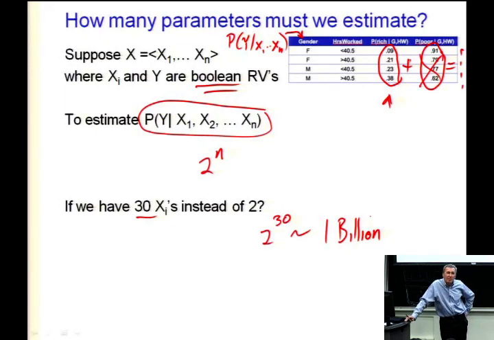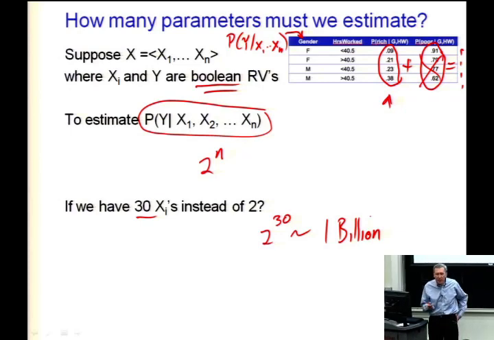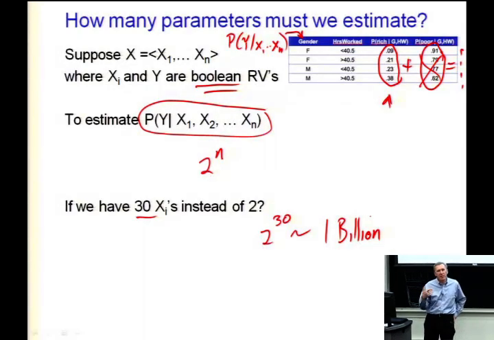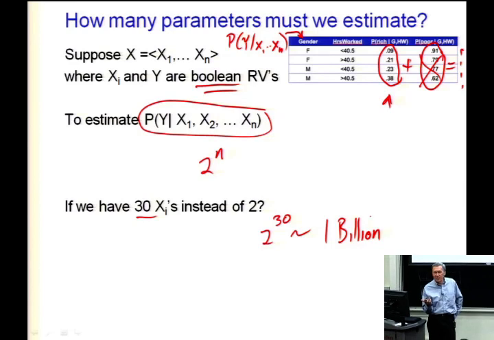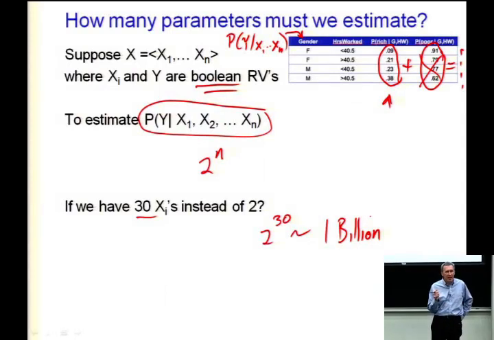But the other problem is much more insurmountable. If we have a table with a billion rows, and we're going to use that formula we just talked about, A over A plus B, to get maximum likelihood estimates directly from the data for each of these billion distinct parameters, then the problem is I need a lot of data.